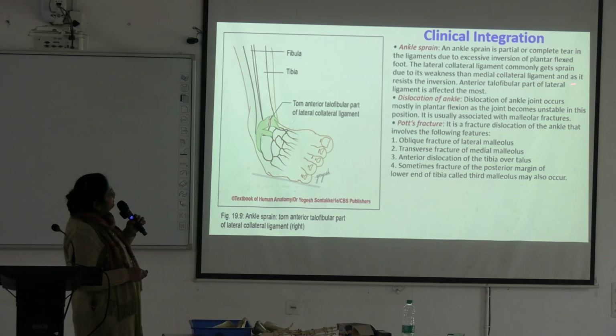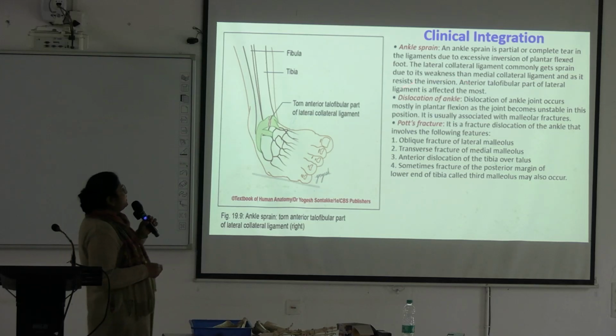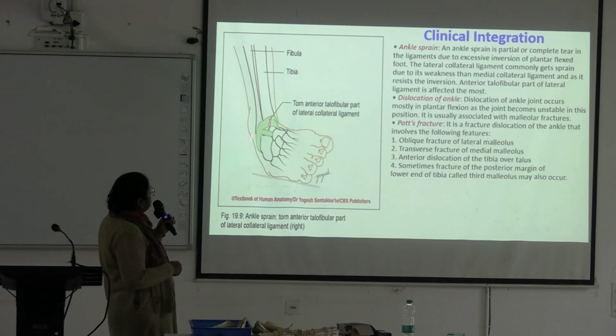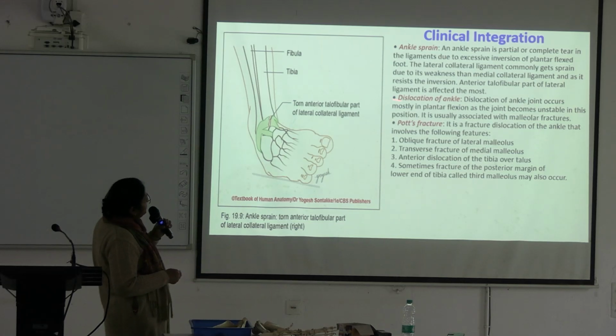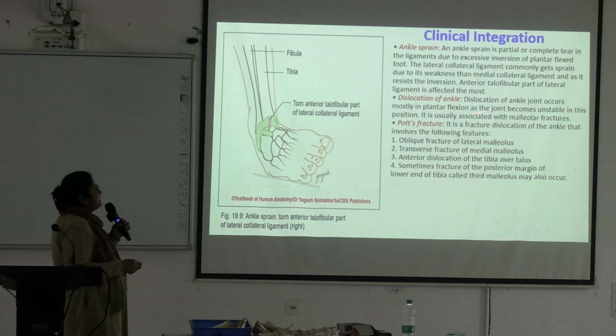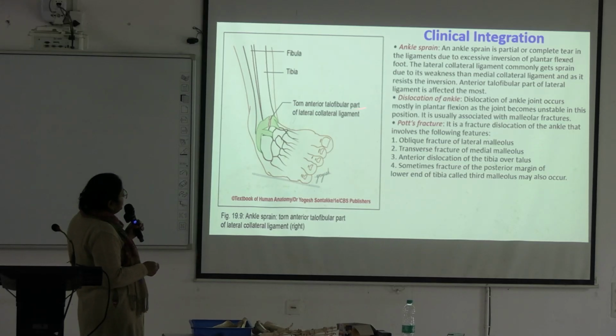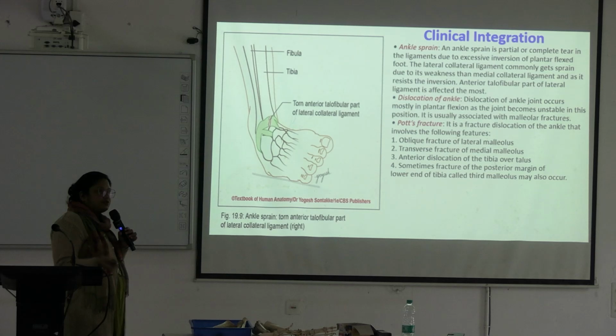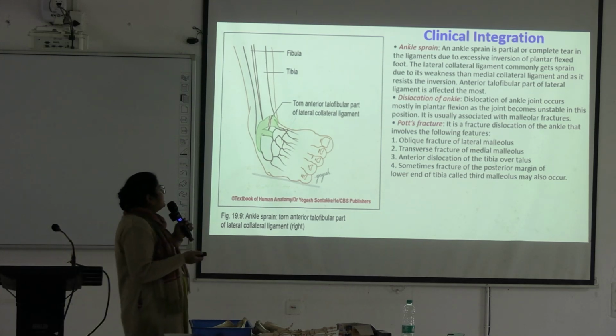As it resists inversion, here is the lateral side and this ligament is torn here. The anterior talofibular part of the lateral collateral ligament is affected most, and is most commonly involved in ankle sprain.